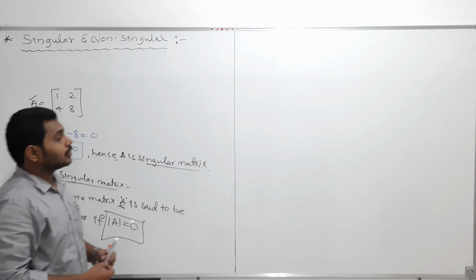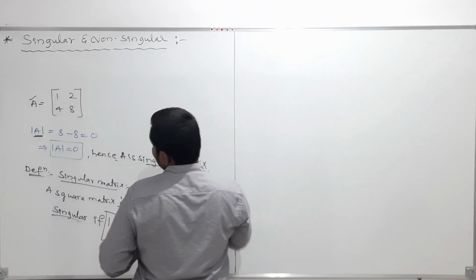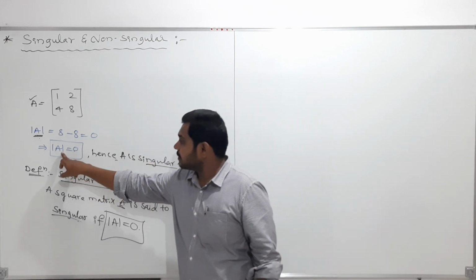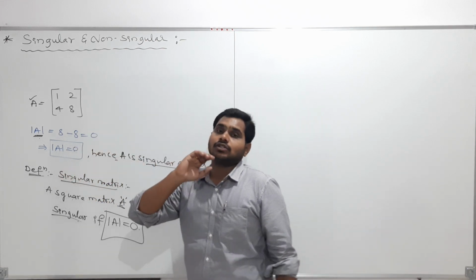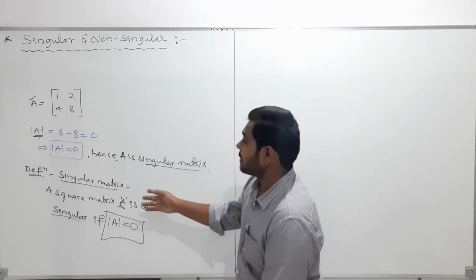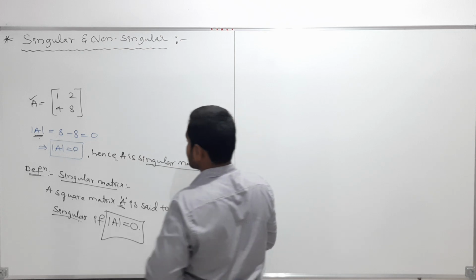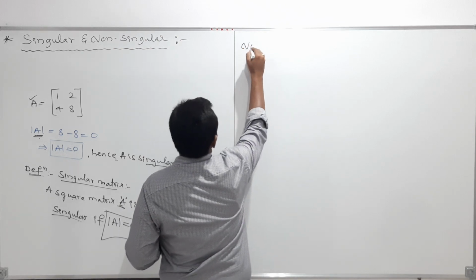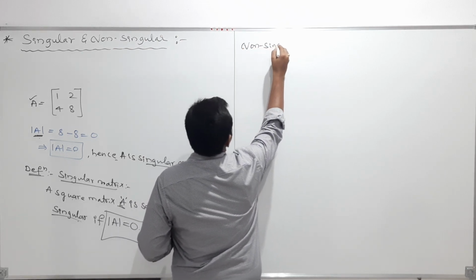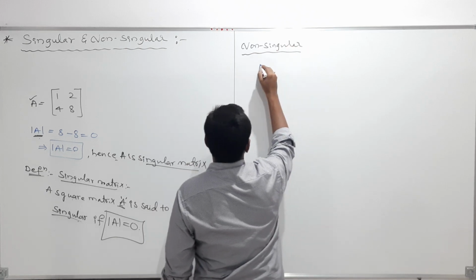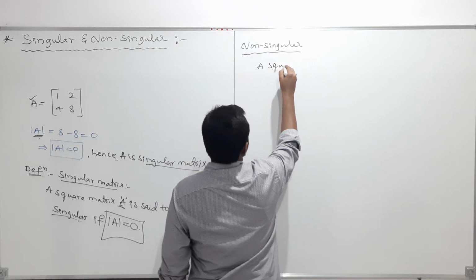Clear? And next I am going to discuss non-singular. What is meant by non-singular? That is very simple. If the determinant of A is not equal to 0, then such a square matrix we can call non-singular. So what is a non-singular matrix?